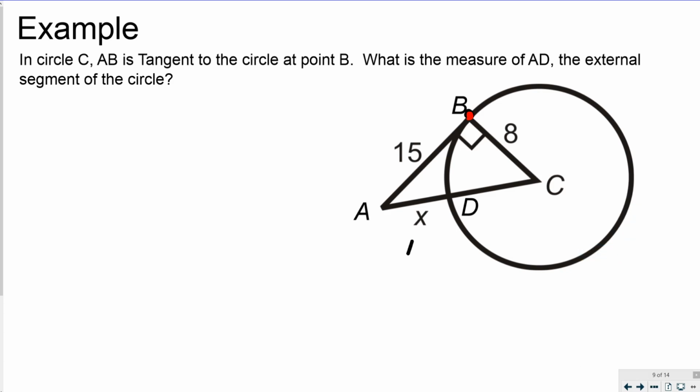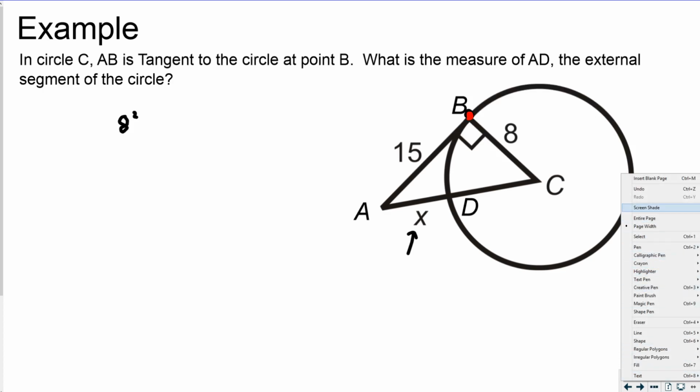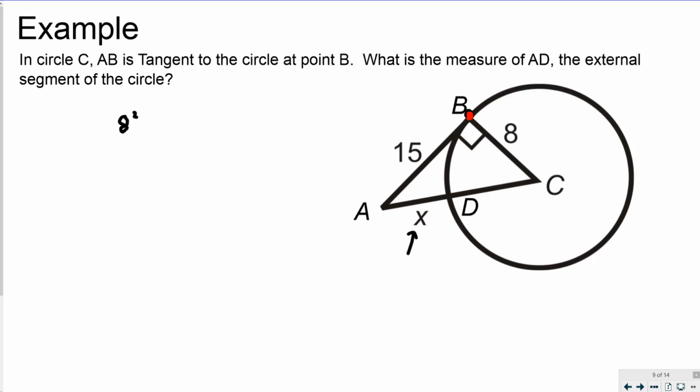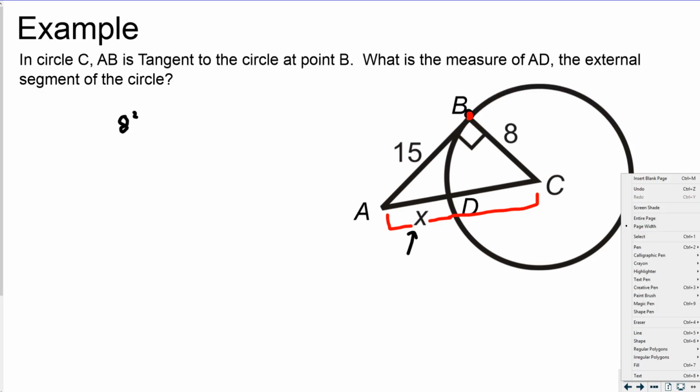So they're looking for this measure right here. Well, we already saw how this is going to turn out Pythagorean theorem-wise. We're going to solve for AC, here, the hypotenuse. And then we will come back to finding segment AD in a bit.